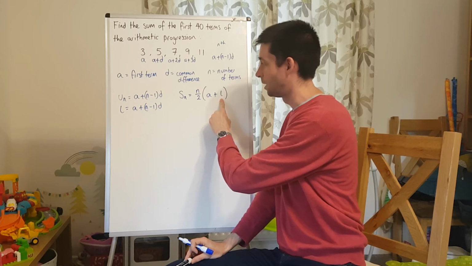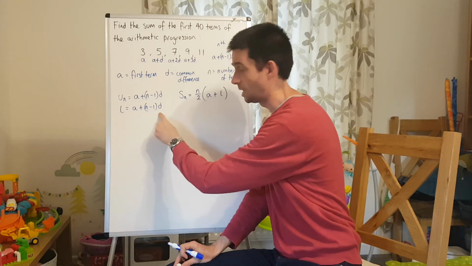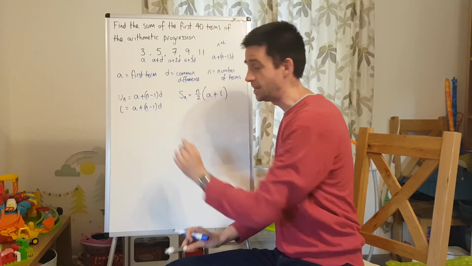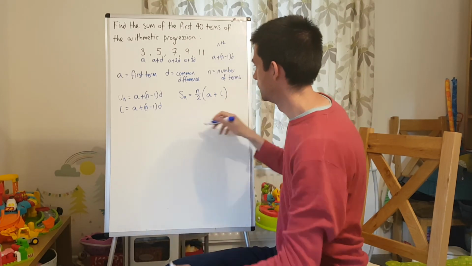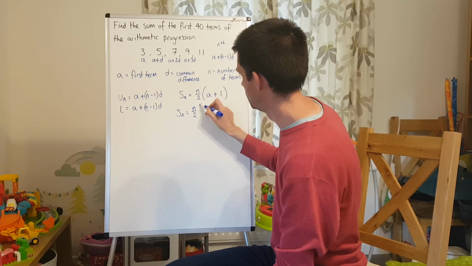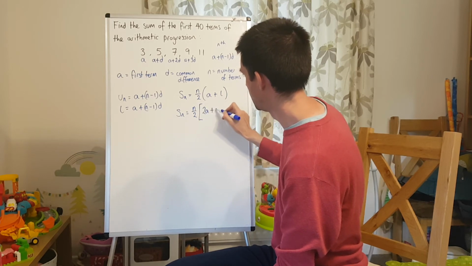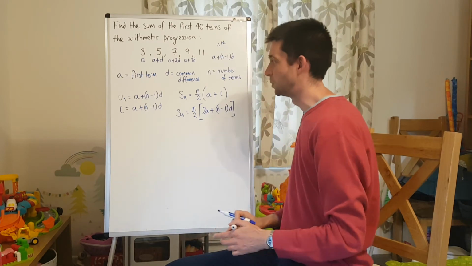Now, if I replace this l in this formula here with a plus (n minus 1)d, then what will happen is I'll have 2 a's. So I could write it as the sum to n equals n over 2 times (2a plus (n minus 1)d).